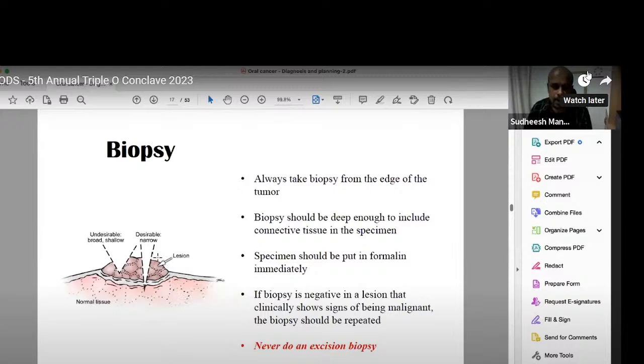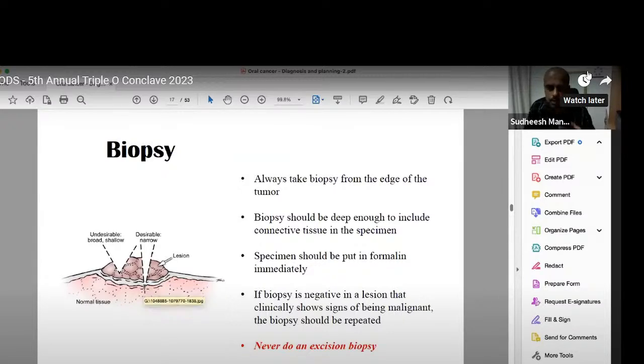And the biopsy should be deep enough to include the connective tissue as well. That is where most general physicians go wrong. Why? Because for a pathologist to diagnose the specimen as a malignancy, they should be able to see the tumor cells in the connective tissue.